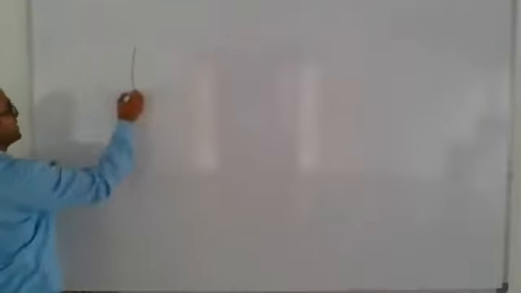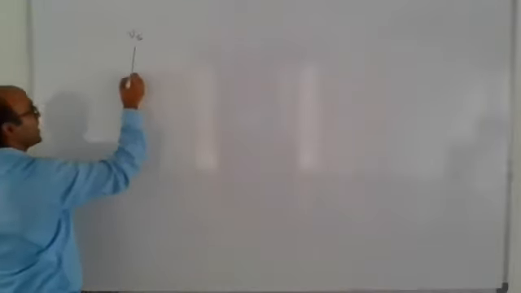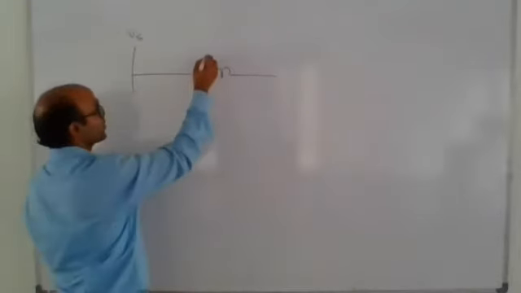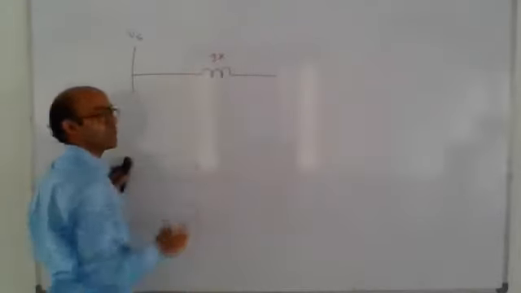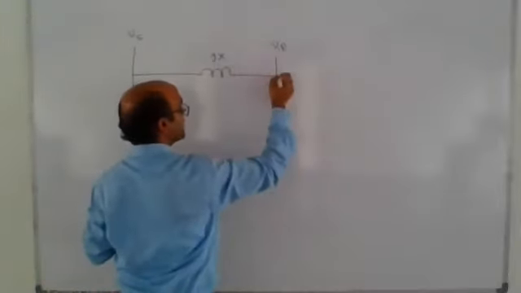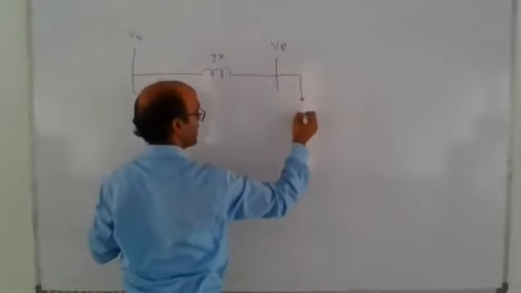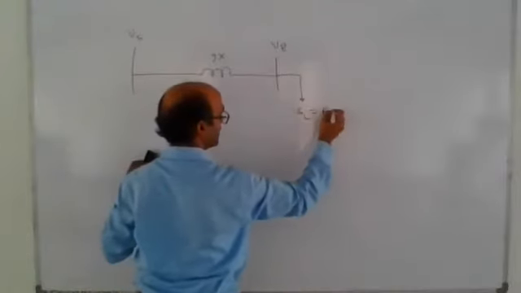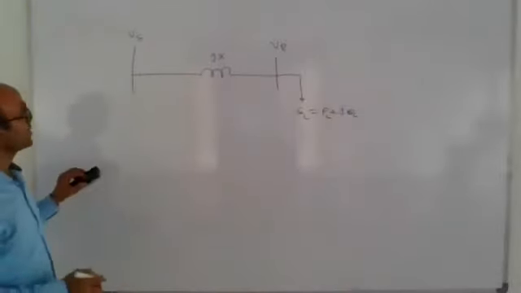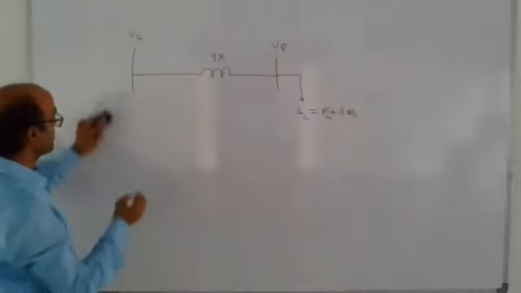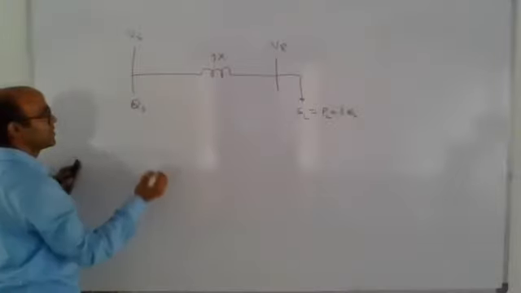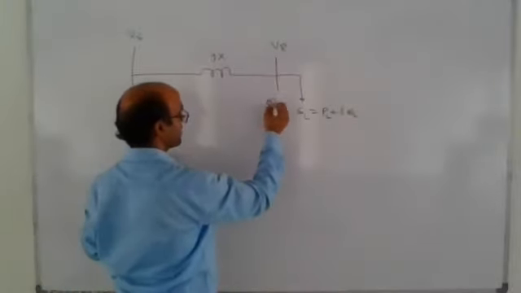Suppose there is a sending end voltage and there is a reactive transmission line. So there is no power loss, real power loss is zero. And here is the receiving end voltage and there is a load. Here power SL equals PL plus jQL. And we are assuming that whatever may be the sending end power is the same as the receiving end power.